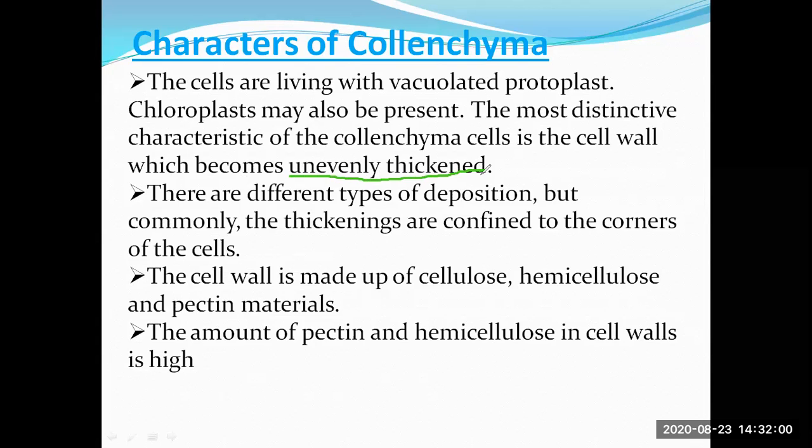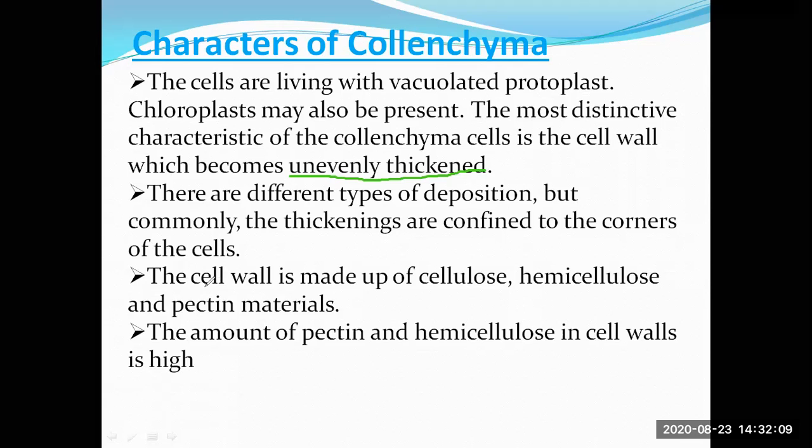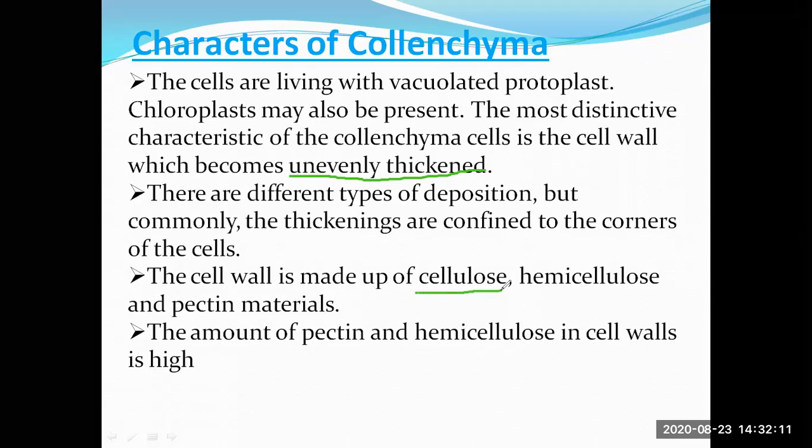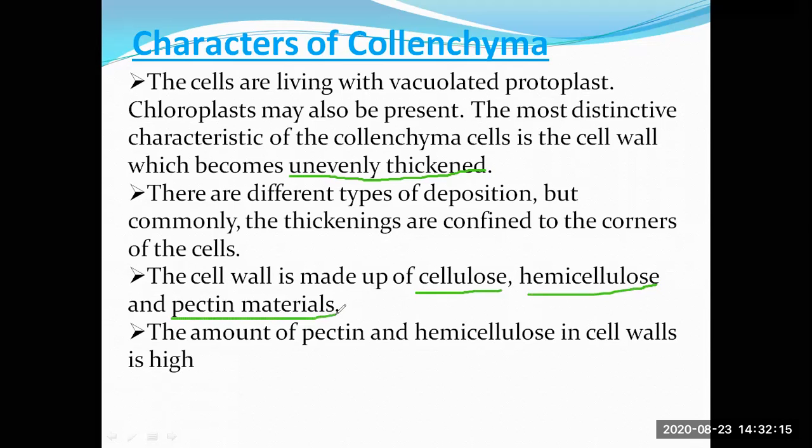Mostly the cell wall thickenings are confined to the corners of the cells. The cell wall is made up of cellulose, hemicellulose and pectin materials. The amount of pectin and hemicellulose in the cell wall is high compared to cellulose.